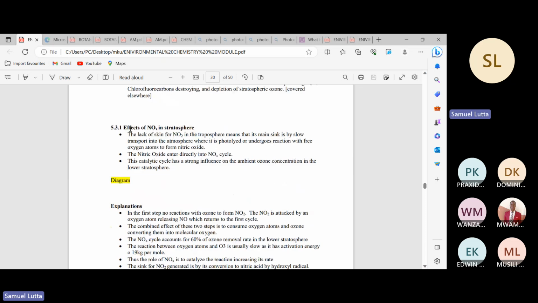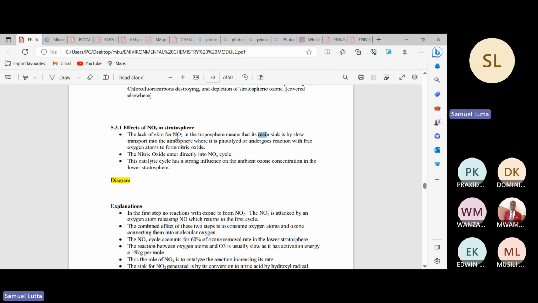So what are the effects of nitrogen oxide in the atmosphere? I think we have talked about this. So lack of a sink for nitrogen dioxide in the troposphere means that it may... Okay, let me just see, lack of sink.